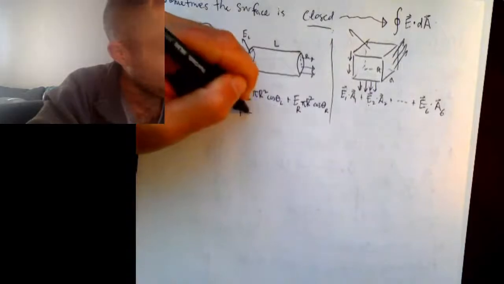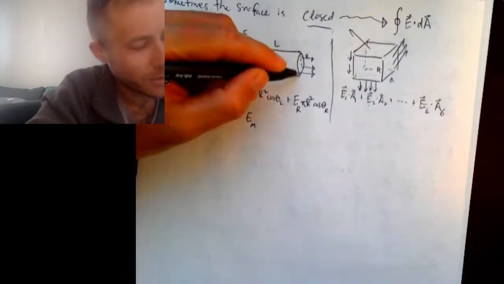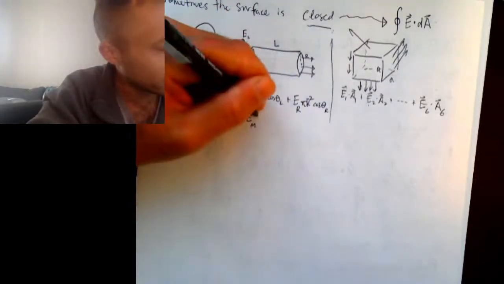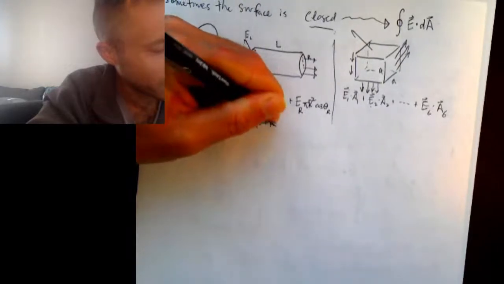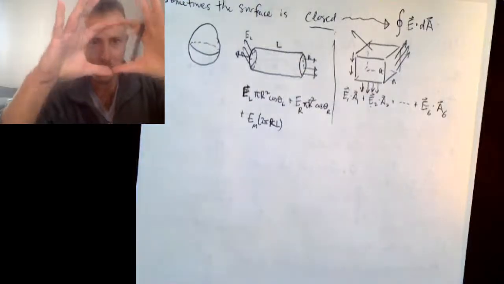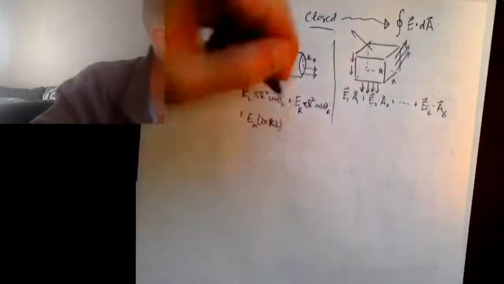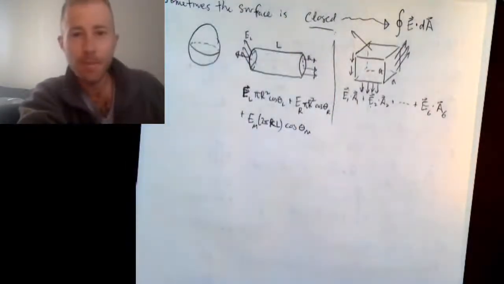So I'll call that E sub m for the electric field in the middle. The area of this curved cylindrical tube region is 2 pi r L, because you have a circle's perimeter and you're stretching that over a length L, times cosine of theta m.